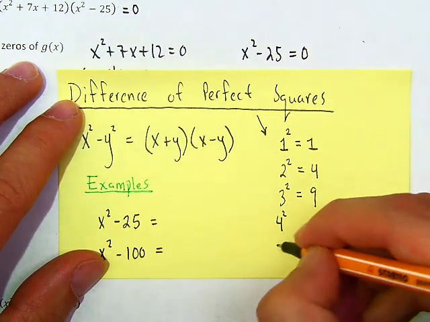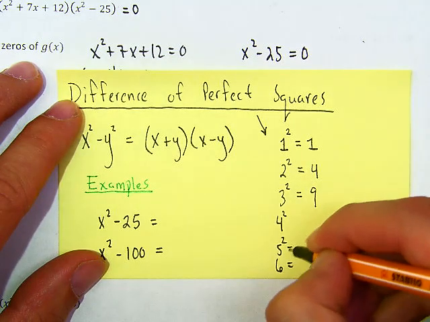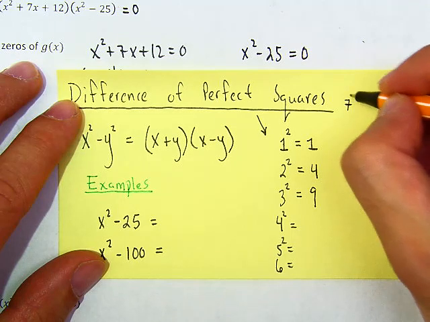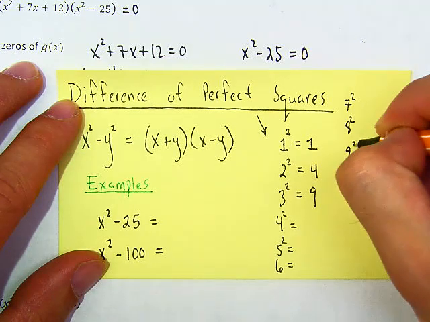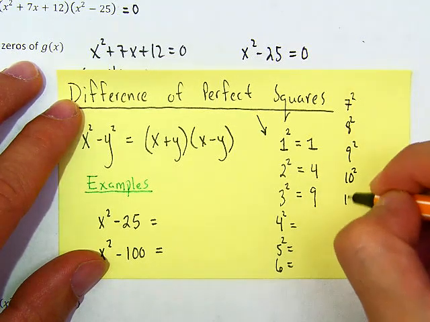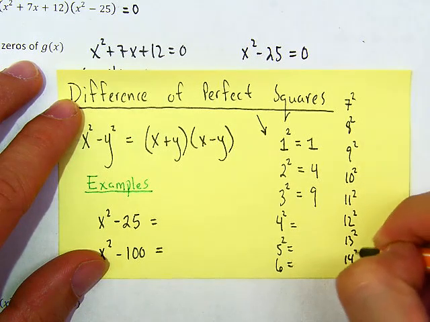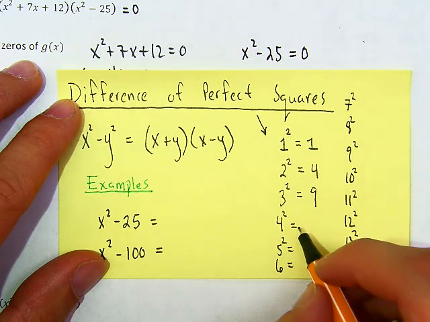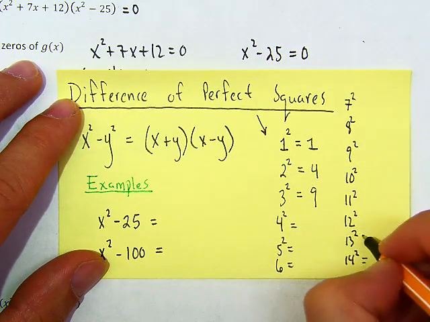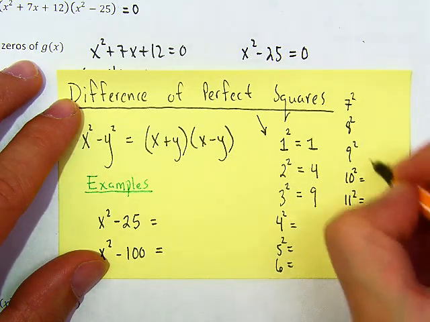Keep doing this. What I want you to do is try and do all of these all by yourself, just so you get the hang of it. So 7 squared, 8 squared, 9 squared, 10 squared, 11 squared, 12 squared, 13 squared, 14 squared, and you can just keep going. If you want to see the answers, let me make an equal sign.